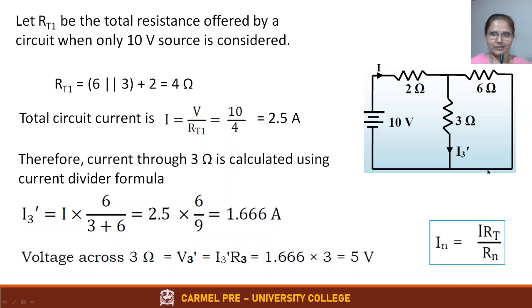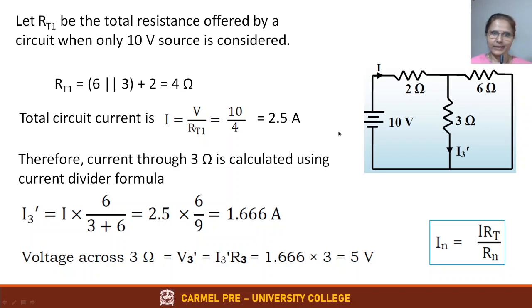So this is the circuit using first voltage source when the second source is shorted. So we have to find this parallel combination, that is equal to 6 in parallel with 3, that is equal to 2 ohms plus 2 equal to 4 ohms.